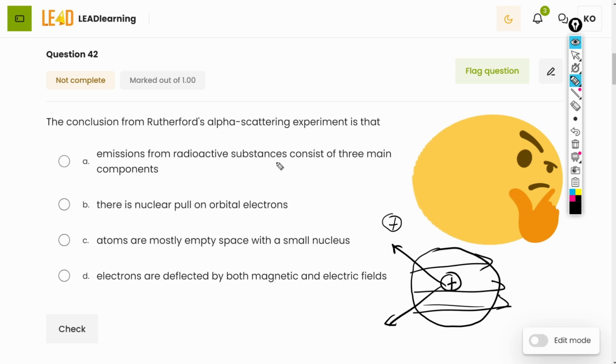Emissions from radioactive substance consist of three main components? No. There is a nuclear pull on orbital electrons? No. Atoms are mostly empty space with a small nucleus? This resonates with the information we have here. So option C becomes our correct answer.